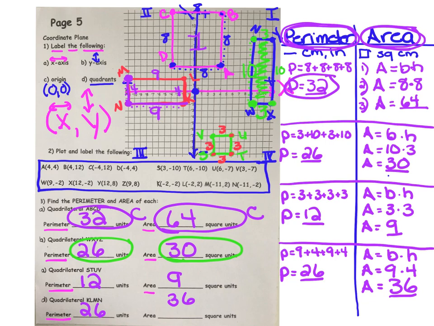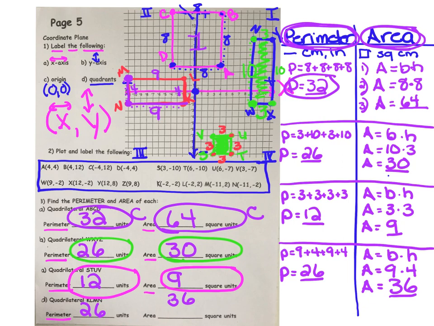For our next figure, STUV, a perfect square, you should have gotten 12 units around the outside, that's a distance, and 9 square units on the inside. That measures the flat surface on the inside.